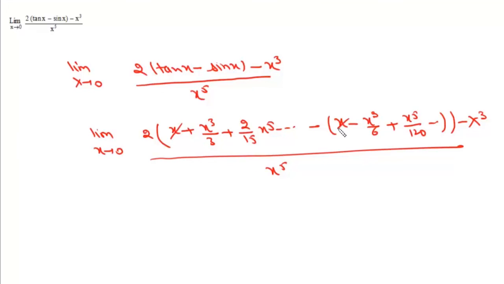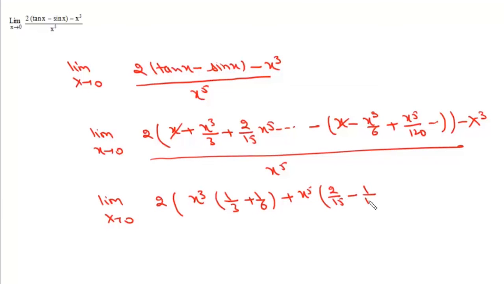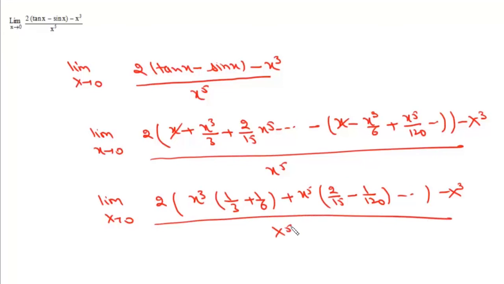Now x and x will cancel. We'll get this as limit x tends to 0, and this is 2, and it will be x cube into 1 by 3 plus 1 by 6, and plus x to the power 5 into 2 by 15 minus 1 by 120, and then minus x cube upon x to the power 5.